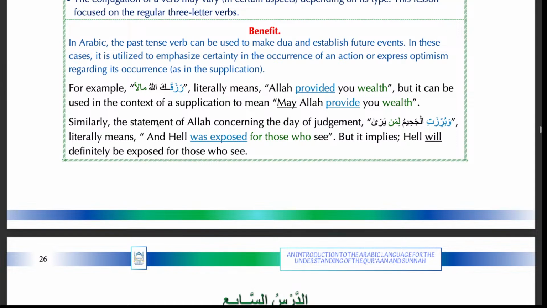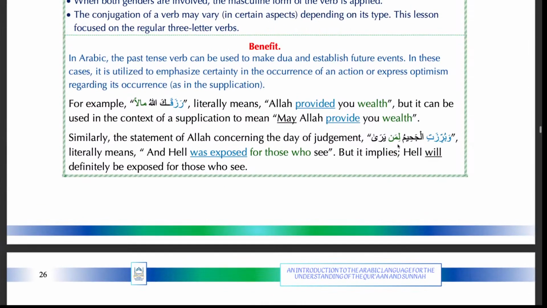Similarly to the statement of Allah concerning the Day of Judgment, وَبُرِّزَتِ الْجَحِيمُ لِمَنْ يَرَى literally means hell was exposed for those who see. But it implies hell will be exposed, definitely be exposed for those who see, talking about the Day of Judgment. And like we mentioned, Jazakallahu khairan literally means Allah recompensed you with good. Allah rewarded you with good.